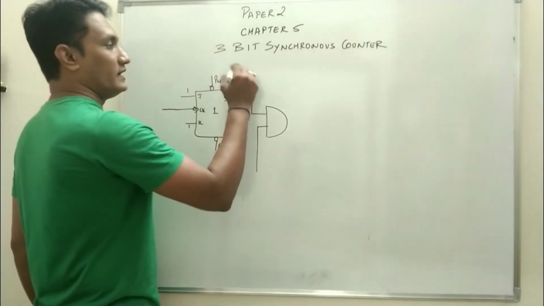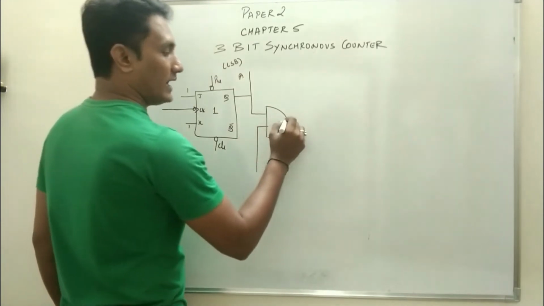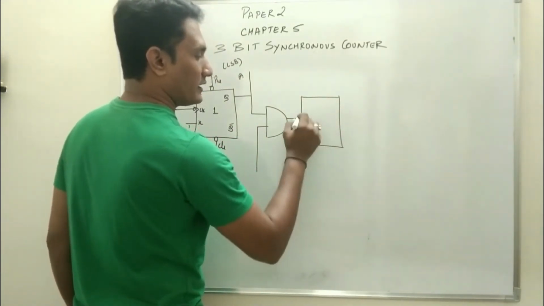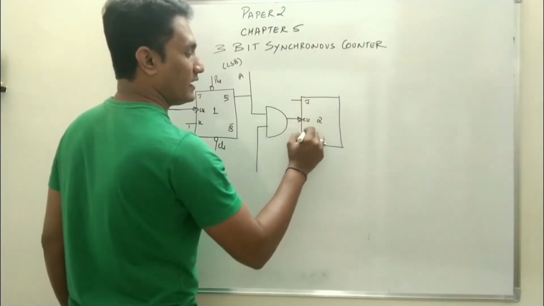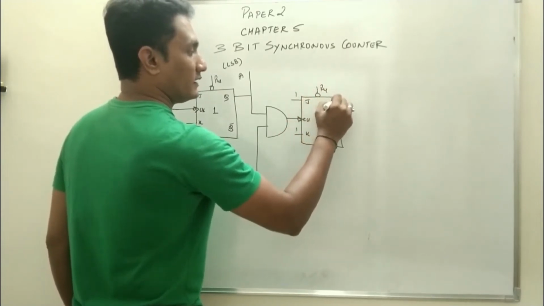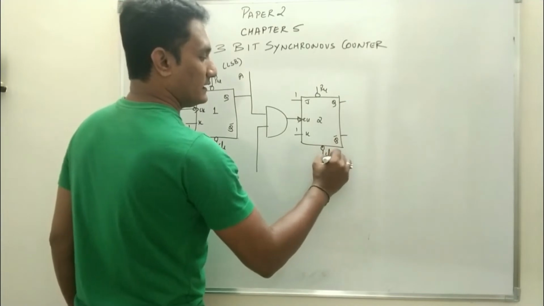So this is A, which is your LSB. Now the output of the AND gate is connected as clock input for the second flip-flop, J, K, 1, 1, preset, Q, Q bar, this is clear.